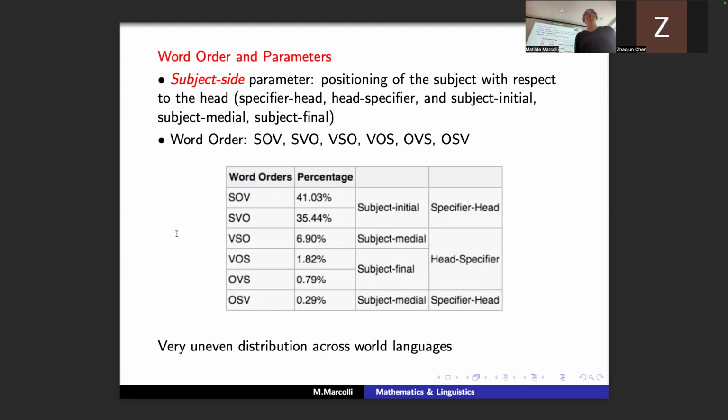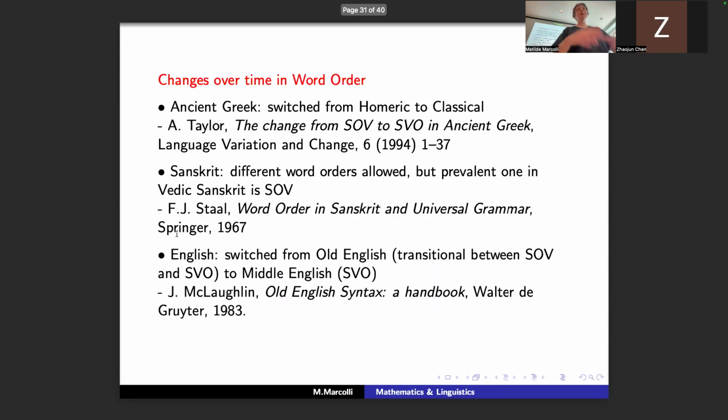So why is that, right? You have all these possibilities. Why aren't they randomly distributed, with equal probabilities? And of course, people have put forward all kinds of explanations. First of all, historically, one sees that there's a tendency for this parameter to shift.